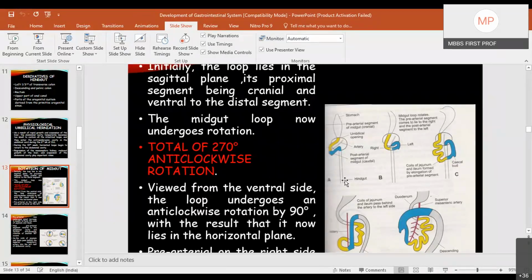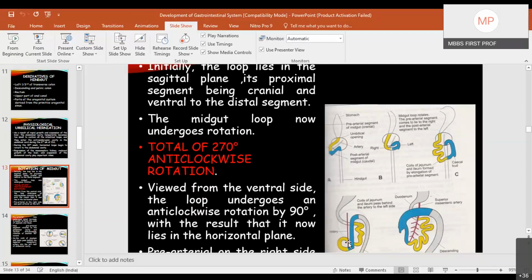As you can see in this diagram, see, there is 90-degree turn. It goes behind the post-arterial segment and behind the superior mesenteric artery. So this is again, now total 180-degree of counterclockwise rotation has taken place.